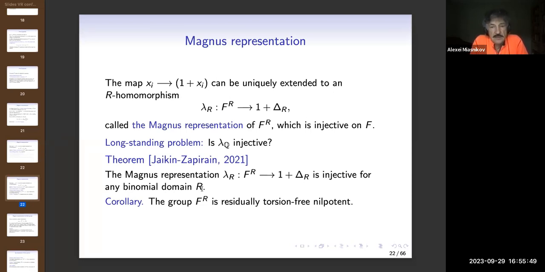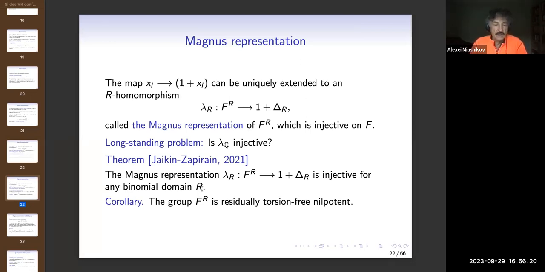It's actually residually R-torsion-free nilpotent, but it doesn't matter right now. So, in other words, you can get the R completion of the free group inside the power series, as Magnus did. So, in some sense, the Magnus completion, the R completion of F, is the same as the free tensor completion.